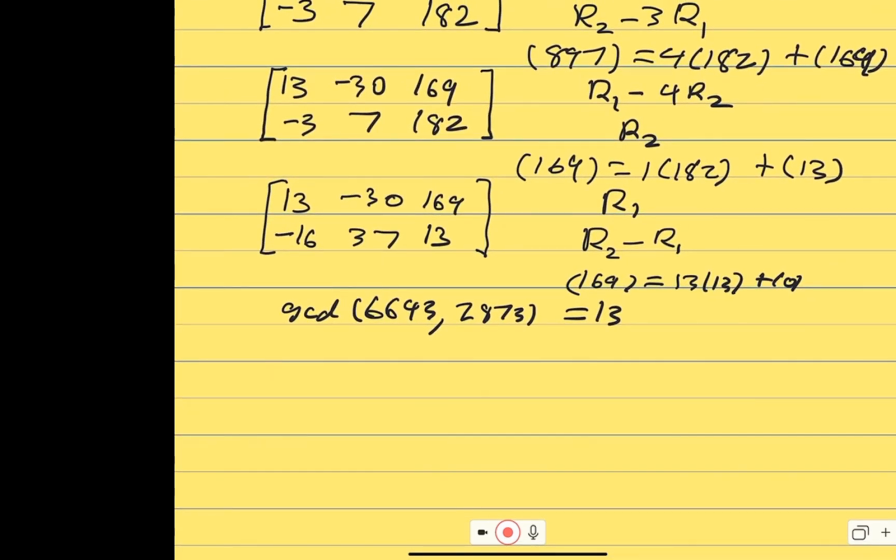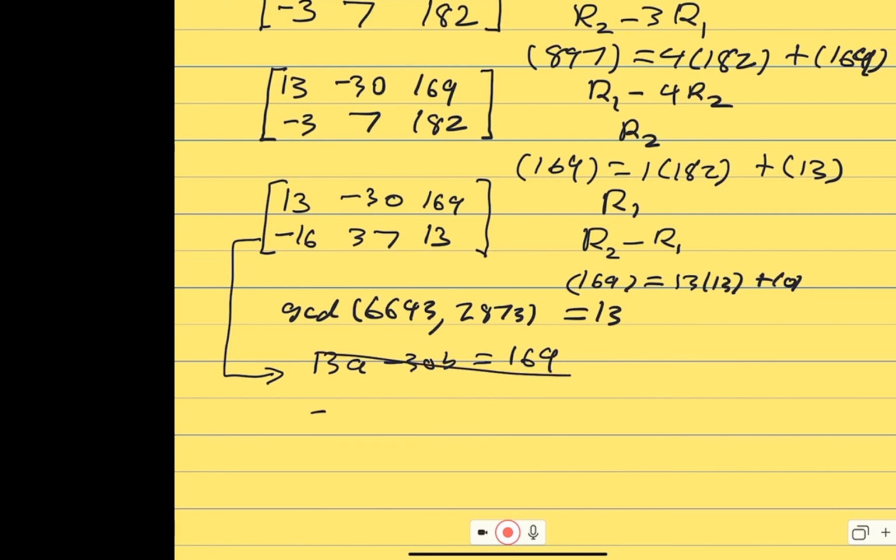And if I rewrote these equations here, instead of matrix form, since we've just done row operations, this says 13a minus 30b equals 169. Well, that's something we don't really care about, so let's cross that out.